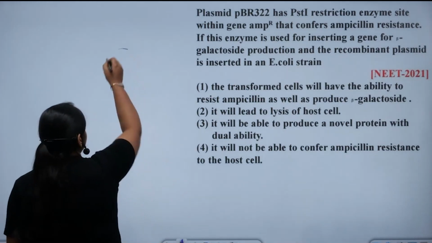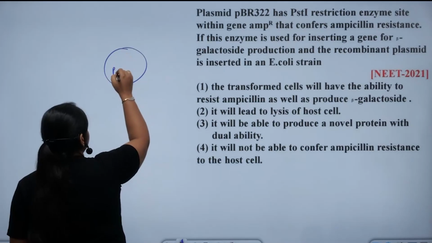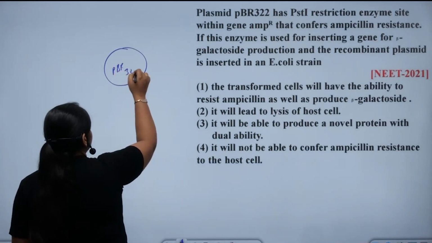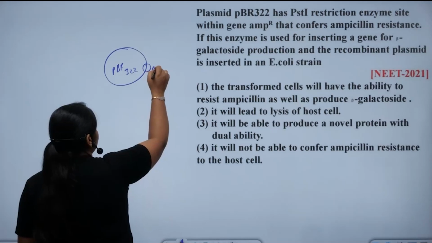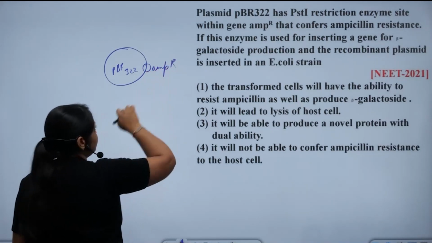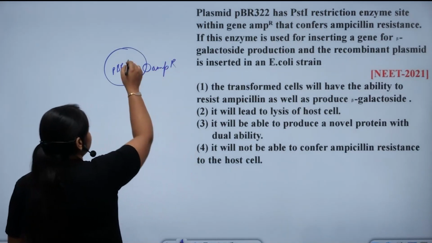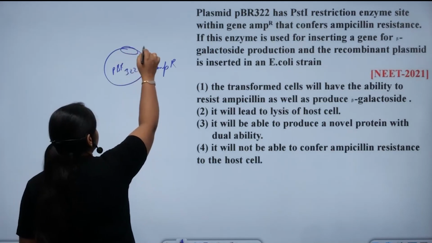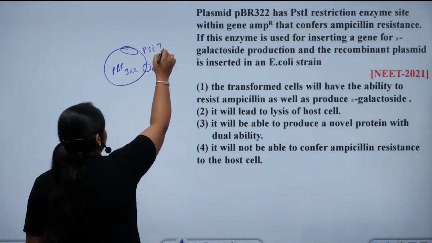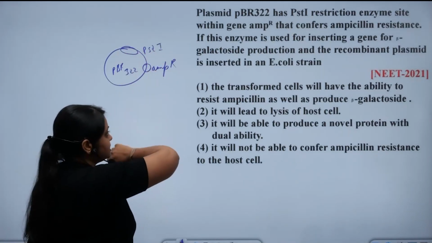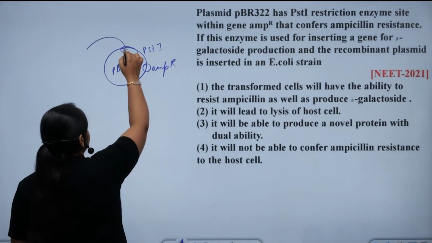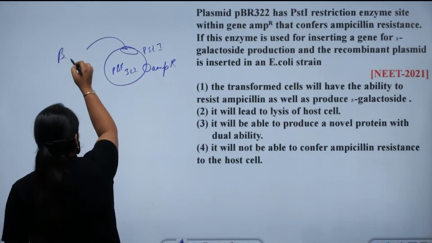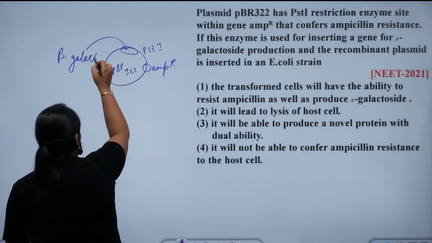So the question is asking you, this is pBR322. Over here they have the ampicillin resistance gene also, and within it they have the site for the PstI enzyme. And what they are incorporating is a gene that is beta galactosidase.